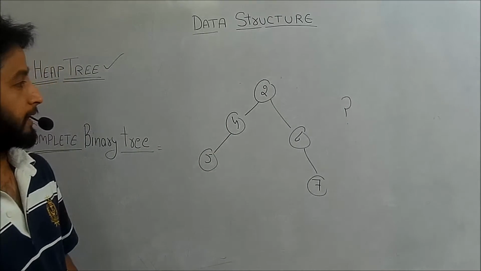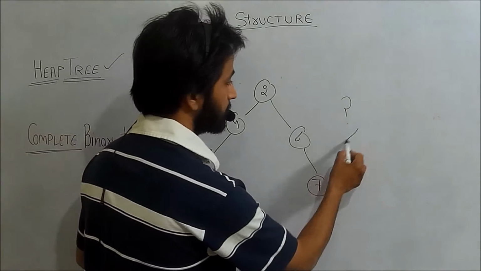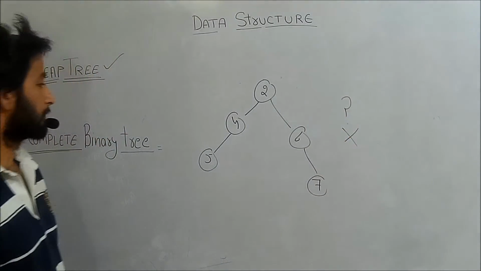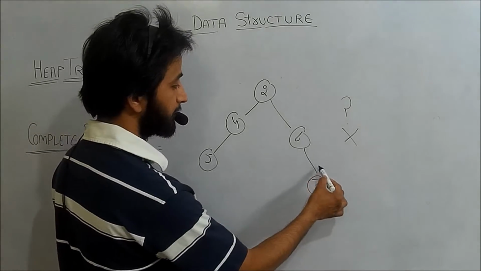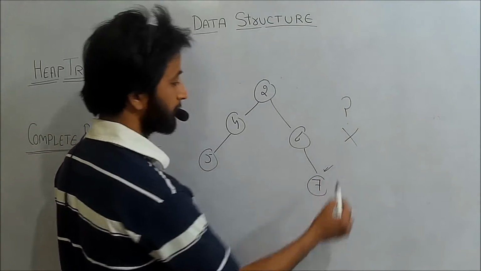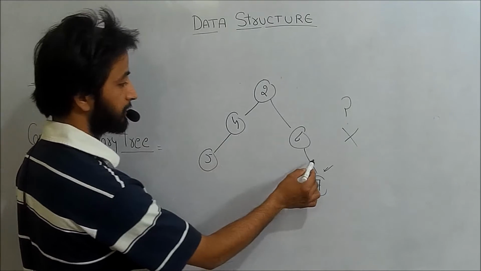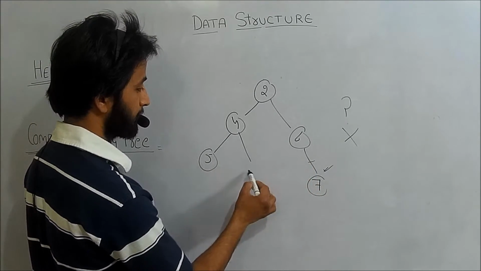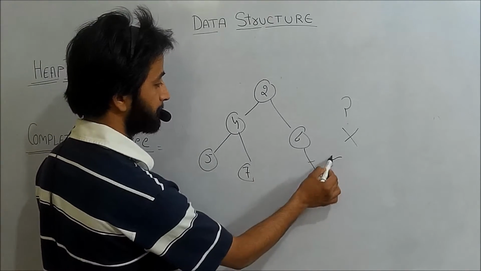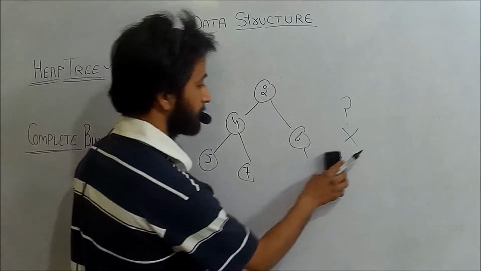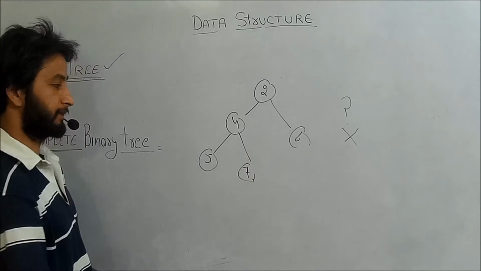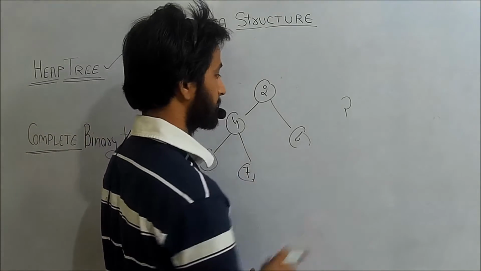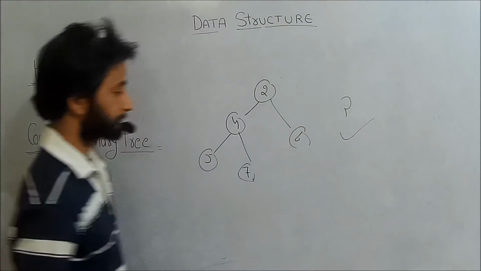So we can say that this tree is also not a complete binary tree, because the element that we have inserted here, first we have to insert this element here instead of here, because we have to complete this side first. Now we can say that the given tree is a complete binary tree.